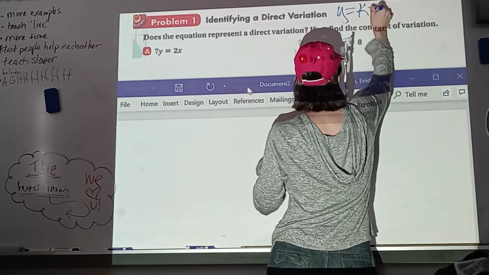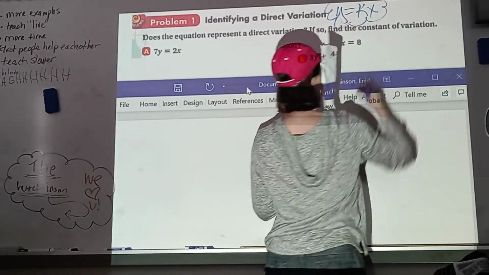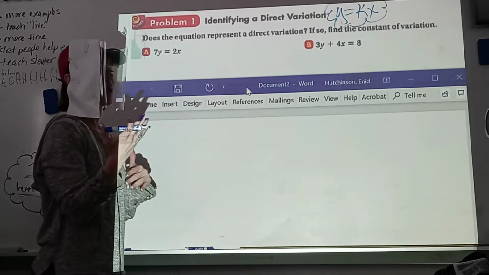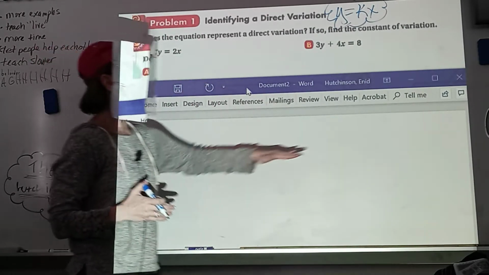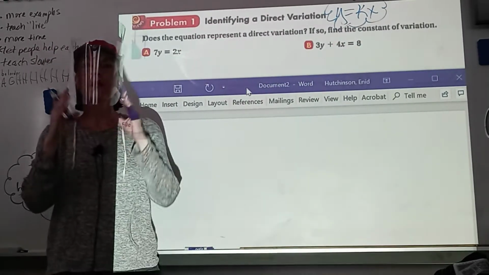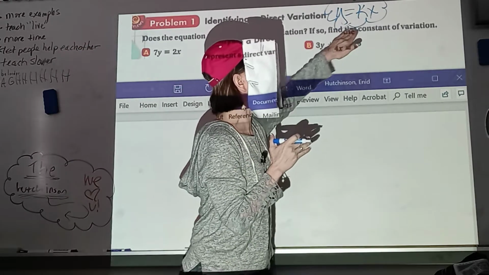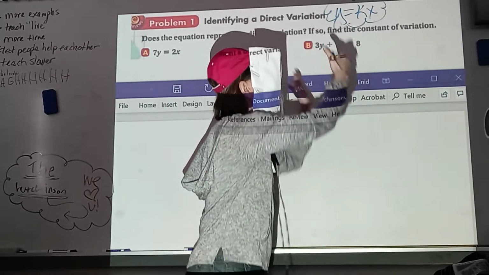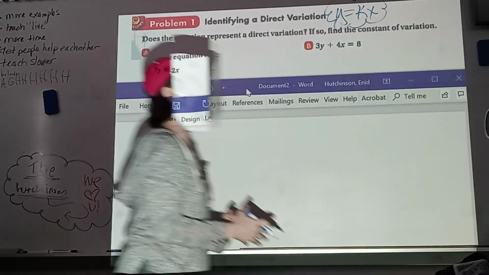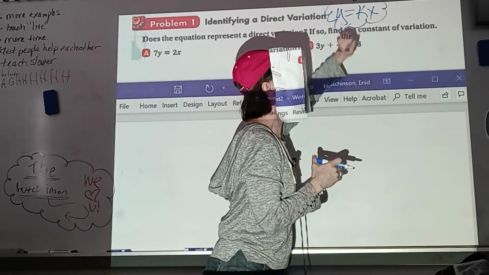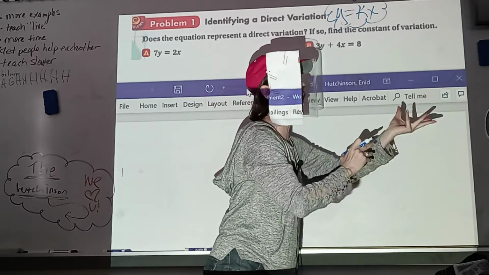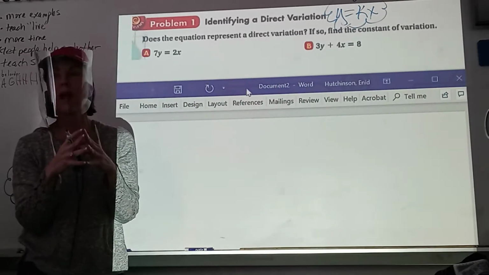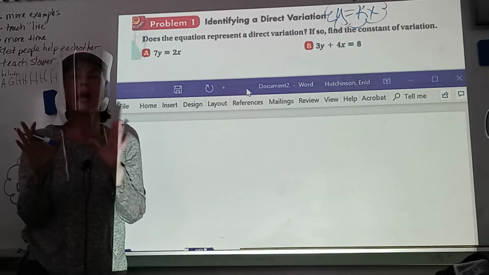This is our direct variation. If it doesn't look exactly like this, y equals kx, after you've solved for y, then it is not a direct variation. It really is that simple.